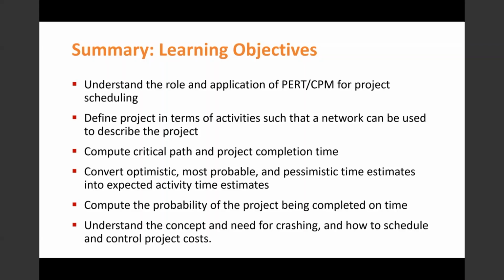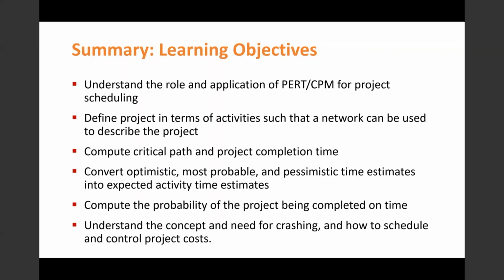If you have uncertain time, then you should be able to convert the 3 times given, optimistic, most probable, and pessimistic time, into an expected activity time estimate.